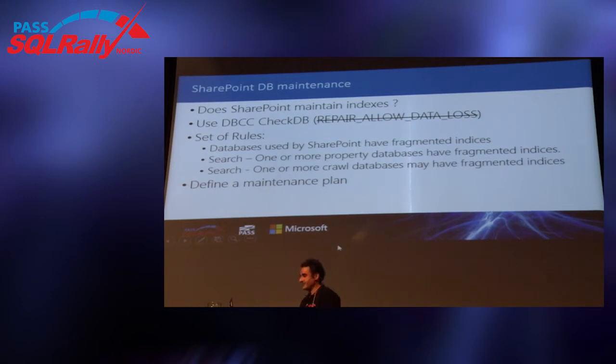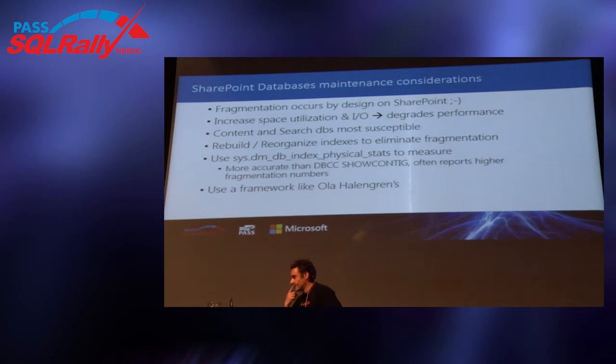So you have to do something about the maintenance of these indices, or I will call them indexes anyway. Like the search database, you need to have maintenance plans in some way. Fragmentation occurs by design in SharePoint because it uses clustered indexes on GUID columns, and when you use rolling window tables or random inserts and so on, you will have fragmented indexes.